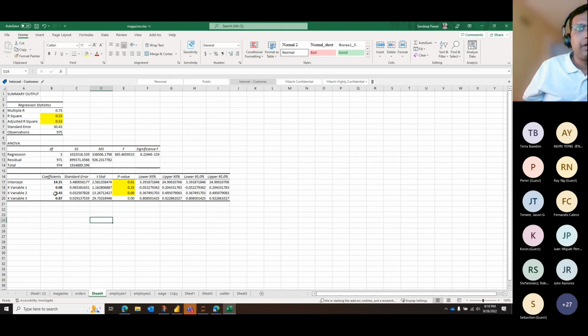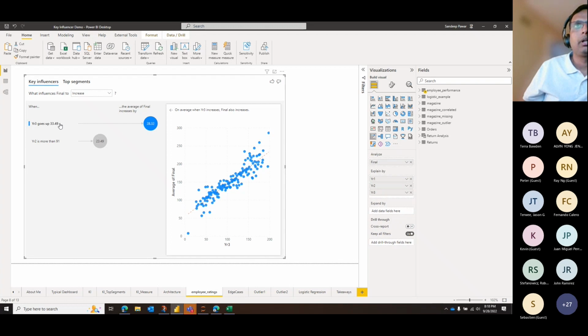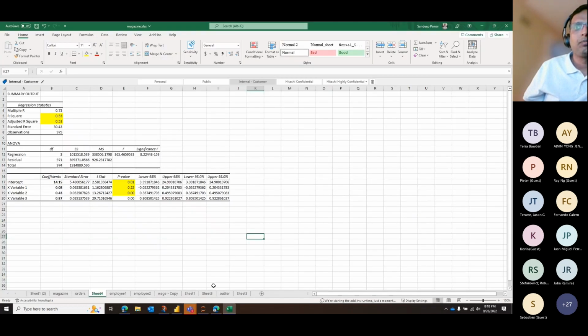Coefficient variable 3 has a beta of 0.87, which means it is important, followed by variable 2, which has a beta of 0.43, so it is the second most important thing. Directionally, that's exactly what we are getting: year 3 and then year 2 after that.